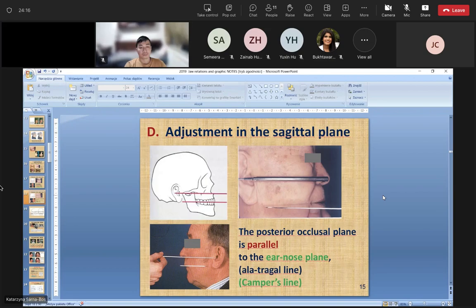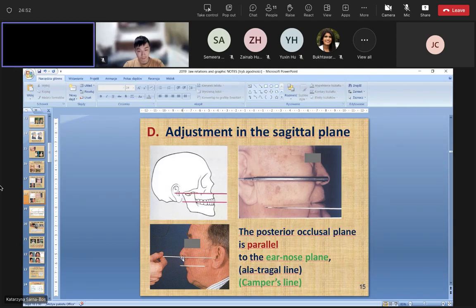Substage D, the sagittal plane. A useful guideline for sagittal orientation of the occlusal plane is the ala-tragal line. This is an imaginary line joining the lower border of the ala of the nose with the midpoint of the tragus of the ear, to which the occlusal plane is parallel.